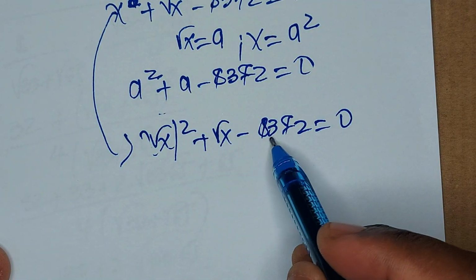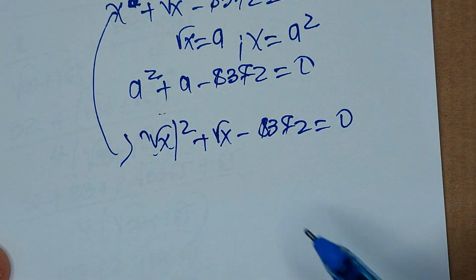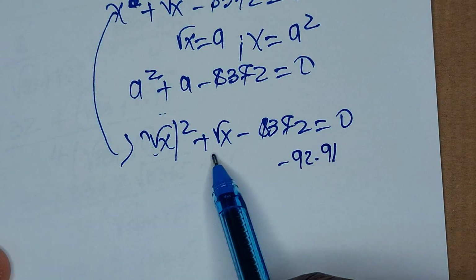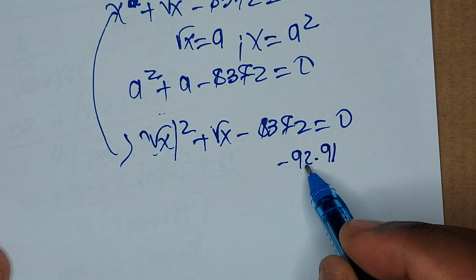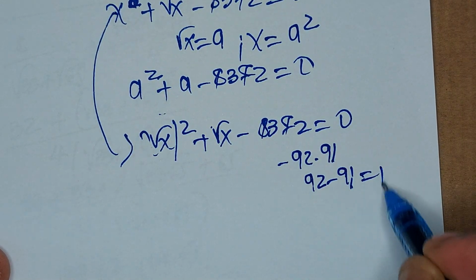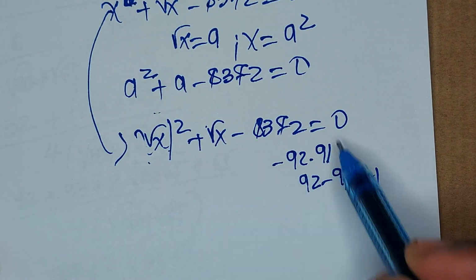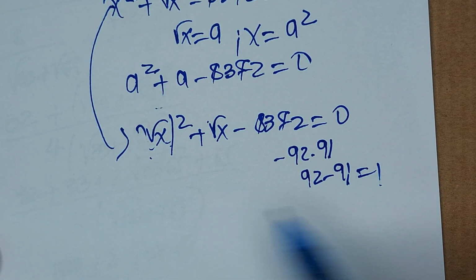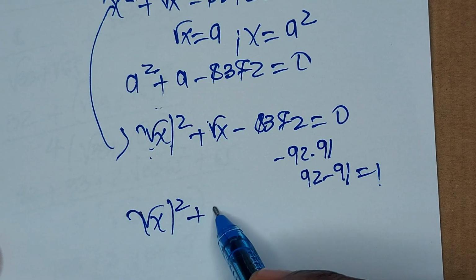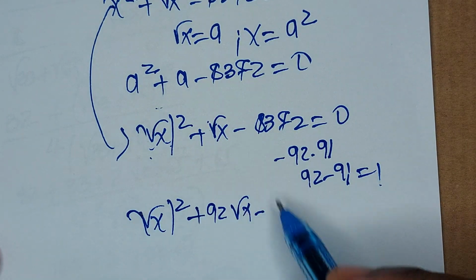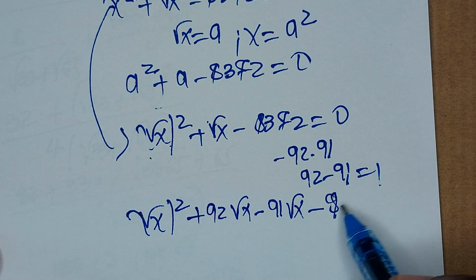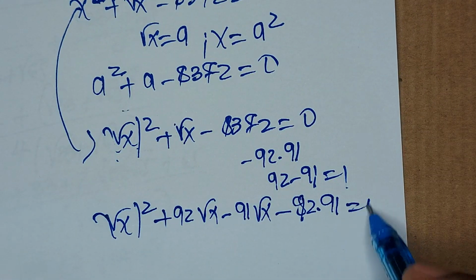So this is 83/72, guys. This is a product of minus 92 times 91, and we have 1 here, which is equal to 92 minus 91, which is 1. So we can write square root of x squared plus 92 square root of x minus 91 square root of x, and minus 92 times 91, and this is equal to 0.